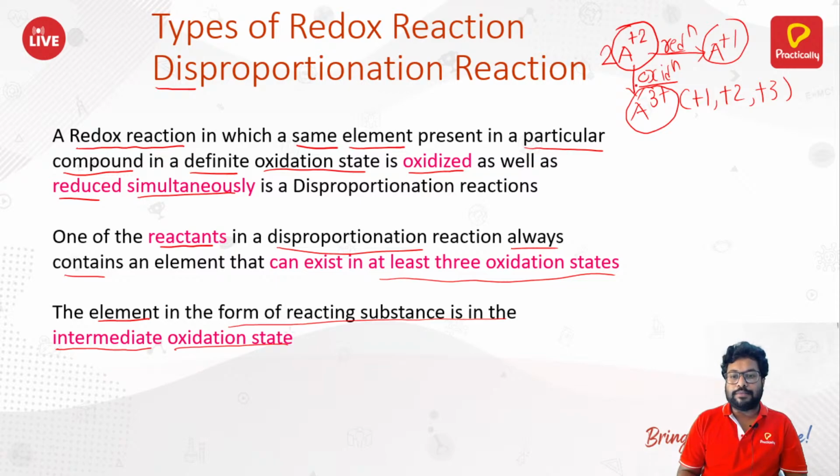It is in between +1 and +3. That is why the main 2 conditions are: the element should be able to exist in 3 oxidation states. Secondly, the element which is undergoing disproportionation should be present in an intermediate oxidation state. These are the 2 conditions for a disproportionation reaction to happen.